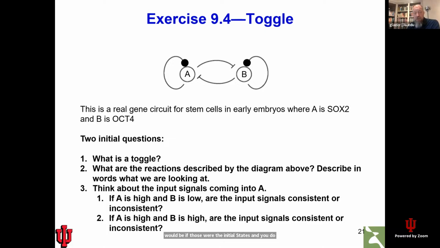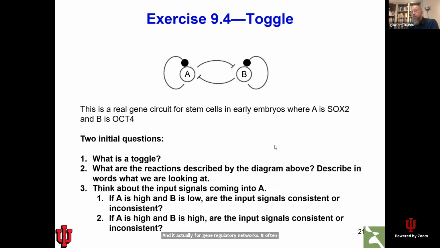That's called the Boolean network approach. It has the advantage that it's very, very fast computationally because you're only doing single logical operators. You're not solving differential equations. And for gene regulatory networks, it often gives answers that aren't too far from reality.